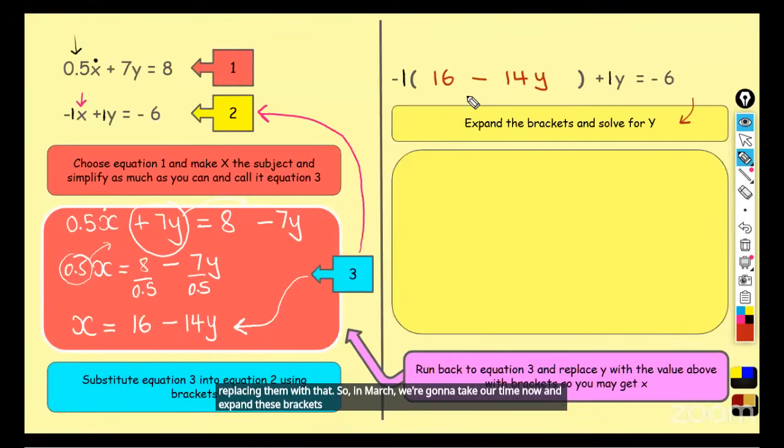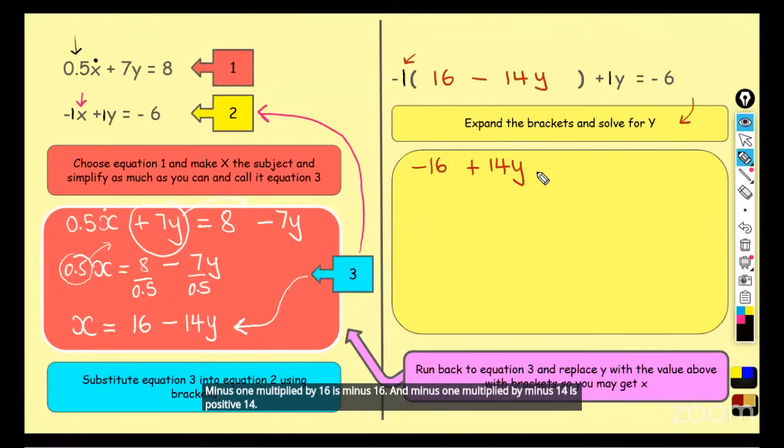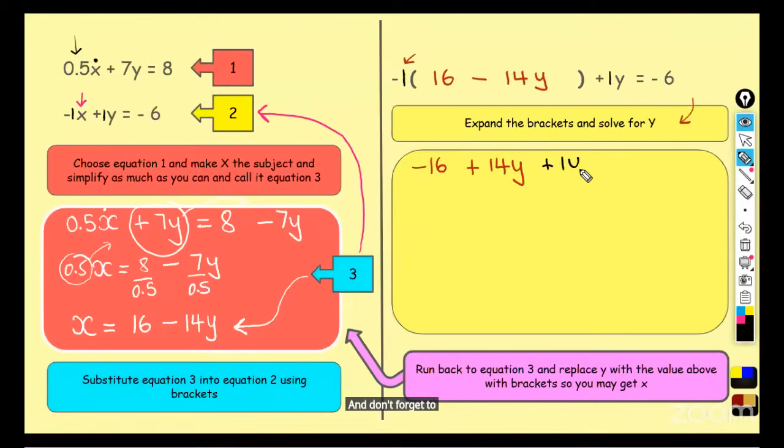In other words, get rid of the brackets. So we're going to multiply everyone inside these brackets by minus 1. 1 and minus 1 is different. Minus 1 multiplied by 16 is minus 16. And minus 1 multiplied by minus 14 is positive 14. And don't forget to put back the positive 1y is equal to minus 6.